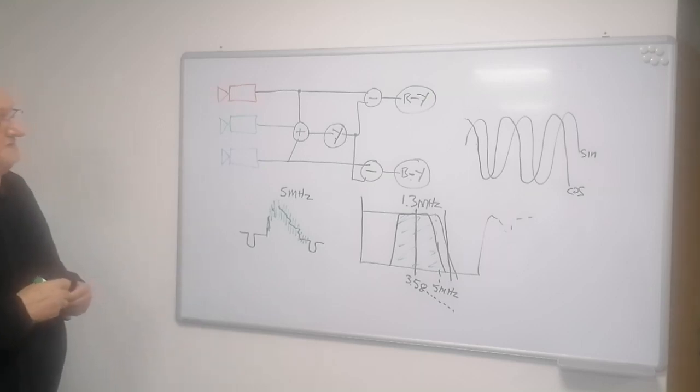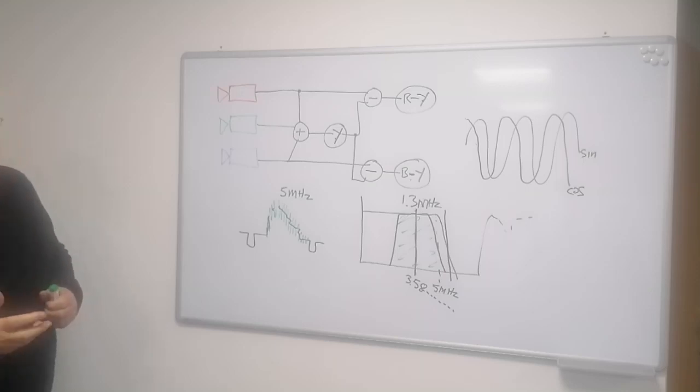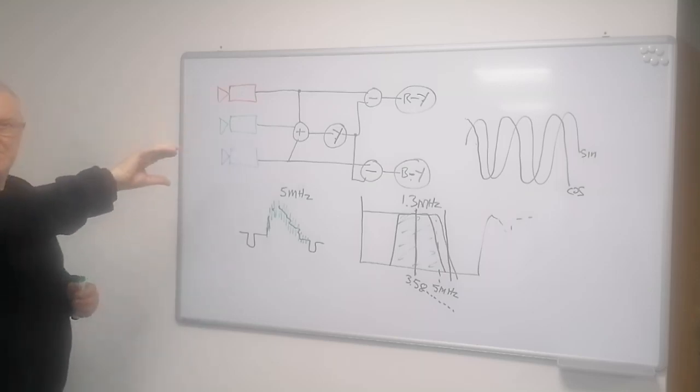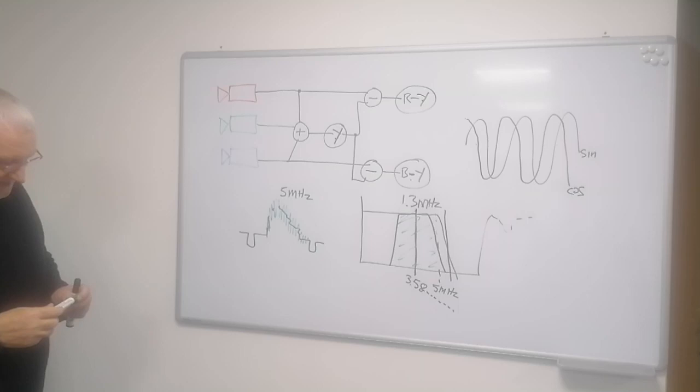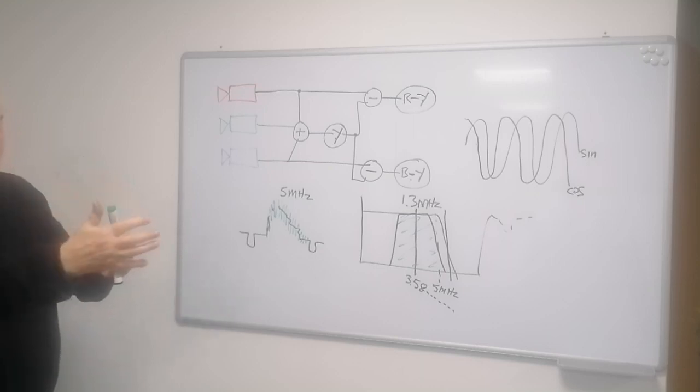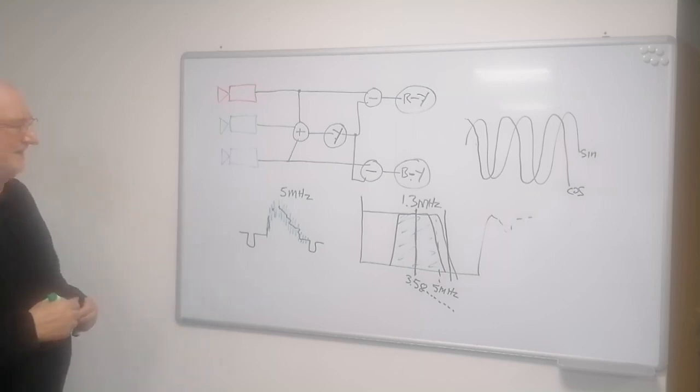Now, the amplitude of the color is the amplitude of the sine wave or the cos wave. But the phase, the hue of the color, is the phase of the sine or the cos wave.